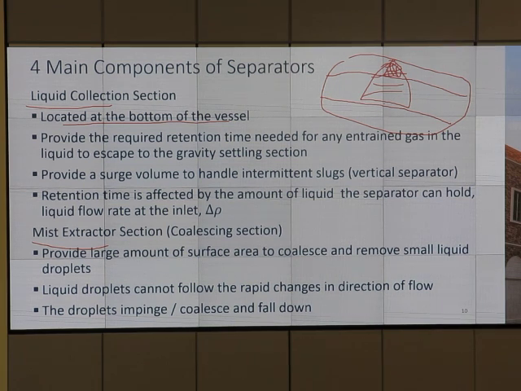So you may estimate the retention time based on the available volume and the volumetric flow rate that's coming in. So if we have 10 cubic foot available and it's coming in at 1 cubic foot per second, it will stay inside roughly 10 seconds, right? So it's 10 divided by 1.